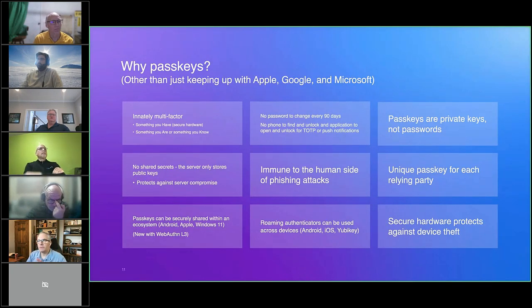As I mentioned before, passkeys are something new and exciting, and they involve key-based authentication rather than having a password. That key is stored in secure hardware, so it can be stored in the secure enclave chip on your iPhone or in your Mac. It can be stored in the DRM containers in your Windows box.